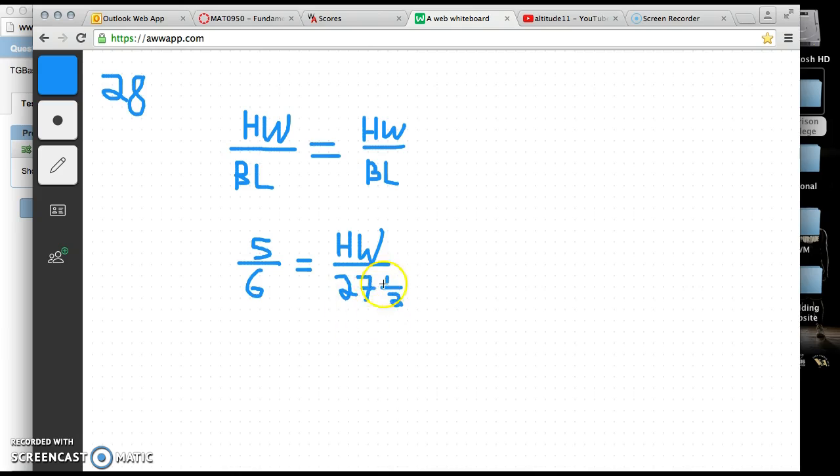Let's first off rewrite this mixed number just as a fraction. So we're going to have 5 over 6 is equal to our variable HW, which stands for height at the withers, all divided by the mixed number turned into a fraction.